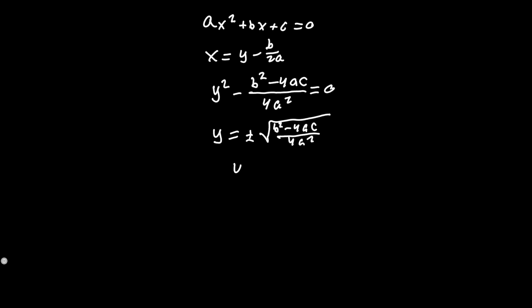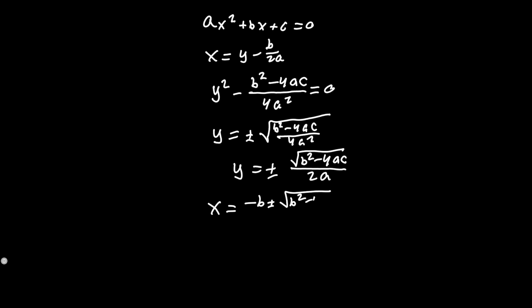This simplifies down to y is equal to plus or minus the square root of b squared minus 4ac all over 2a. And x is just y minus b over 2a, which is the quadratic formula. x is equal to minus b plus or minus the square root of b squared minus 4ac all over 2a.